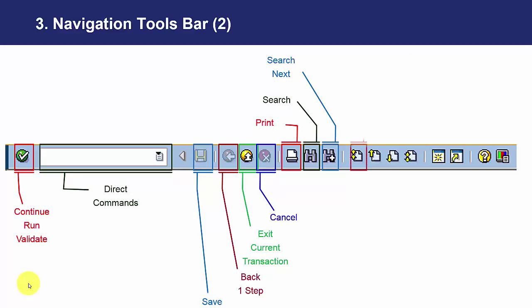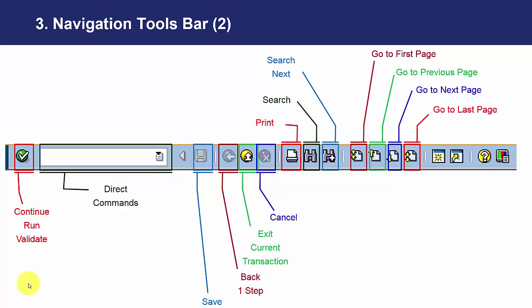Search next, once we have found what we were looking for, we can press it again for searching more of the same text. In those cases where in the main window we have different pages, we can use these 4 buttons. The first one for going to the first page, this to the previous page, to the next page, or to the last page. This is going to be used for opening a new session.